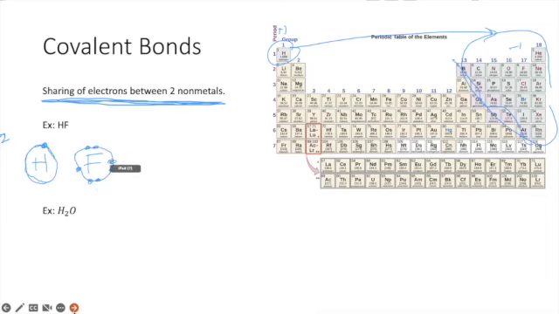So they're like, okay, we'll make an agreement. I'll let you spend some time with my electron as long as you orbit it back to me. And fluorine's like, okay, I'll let you spend some time with this electron as well, as long as you circle it back to me. It reminds me of holding a hot potato when you're tossing it.